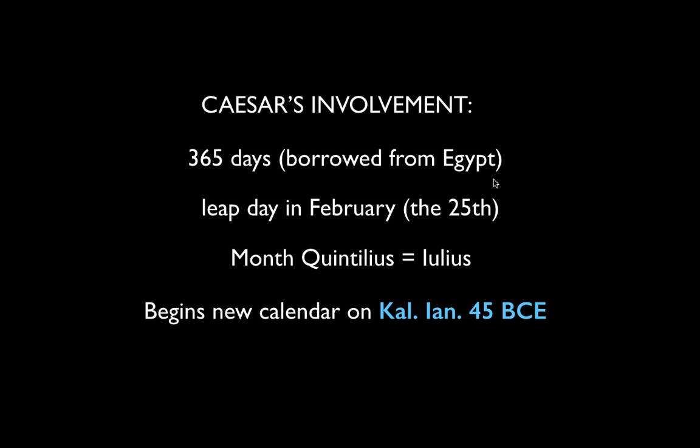He also renamed the 5th month into July, and this calendar started on the 1st of January in 45. So not much longer did he live after he made his major reform. But anyways, you will learn more about Caesar in the years to come.